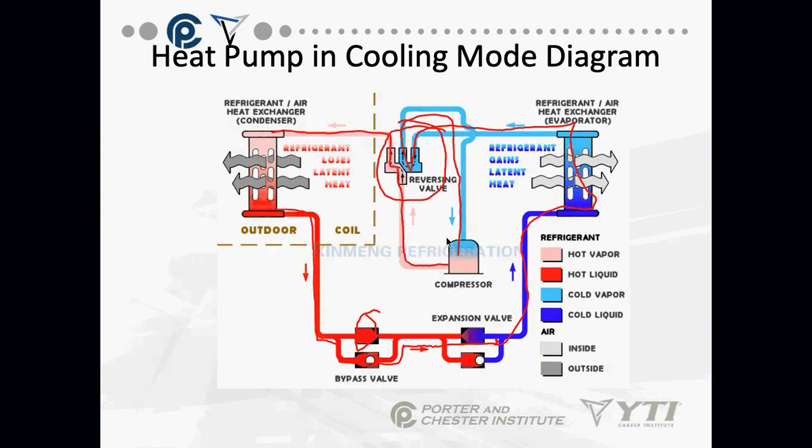Because when I go into heating mode, which I'll show you in another couple slides, watch what happens to it. Because remember, my outdoor coil in heating mode then becomes the evaporator. So I have to use that metering device when it becomes the evaporator, because I have to drop that pressure.